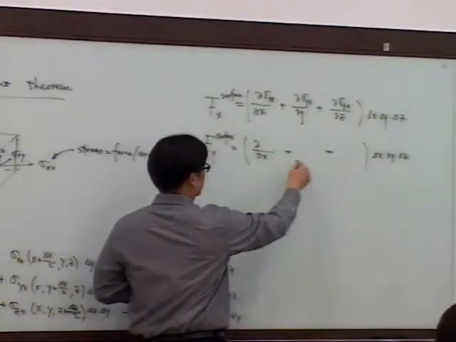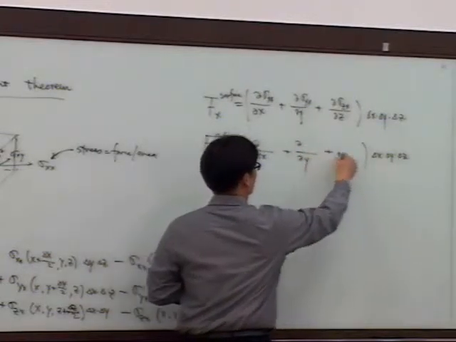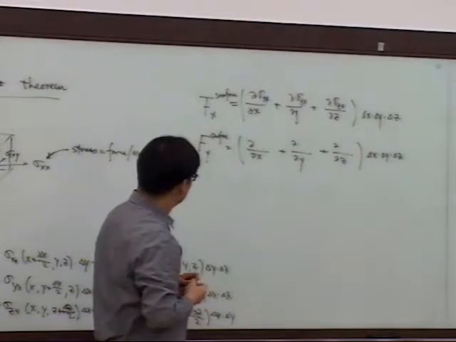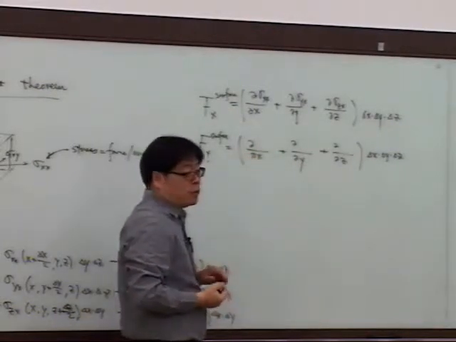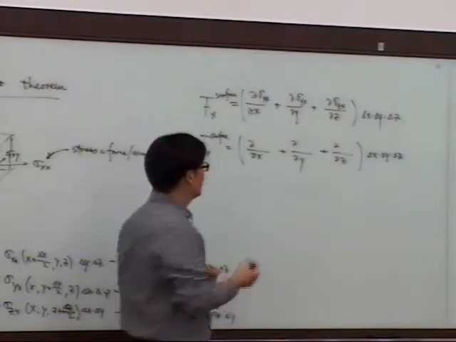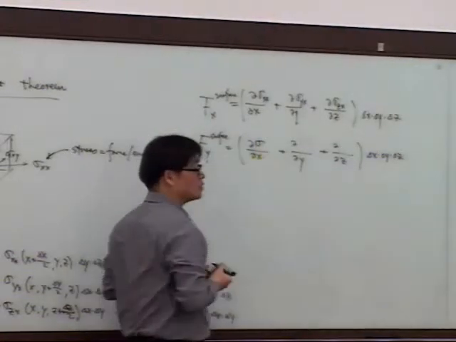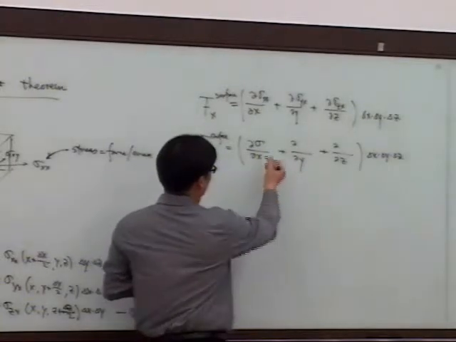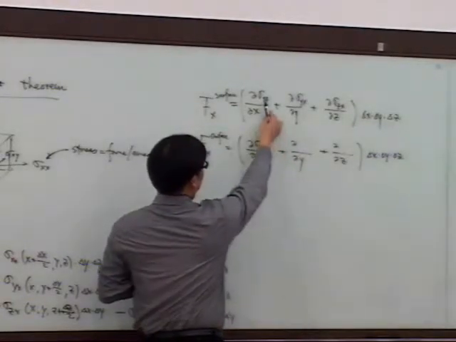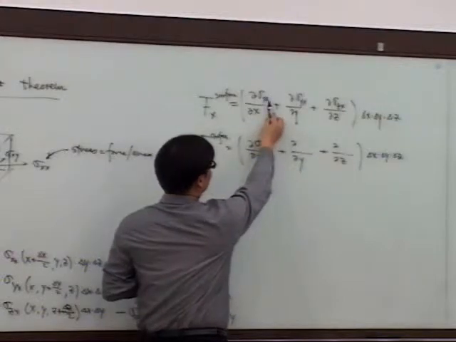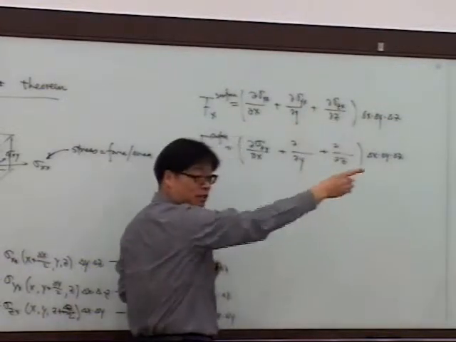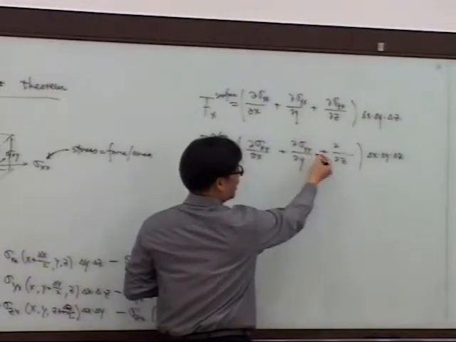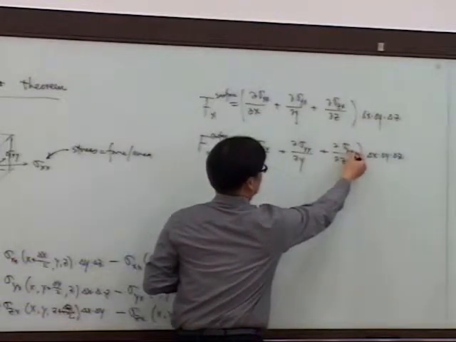So I need an x derivative, I need a y derivative, and a z derivative. What do I have to put? Sigma xy. This subscript matches with this, and the second subscript matches the direction. So I have sigma xy, sigma yy, and sigma zy.